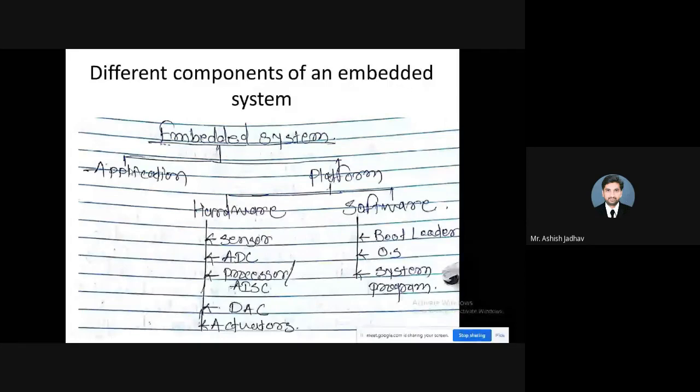Nowadays mobile application is coming into the picture, but for now, let's take only those 3 things into consideration. So system program, operating system, and bootloader. Quickly, just tell me the difference.